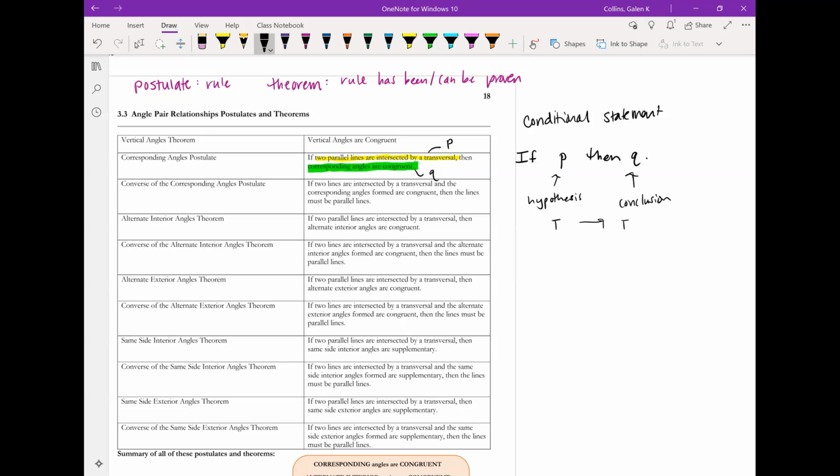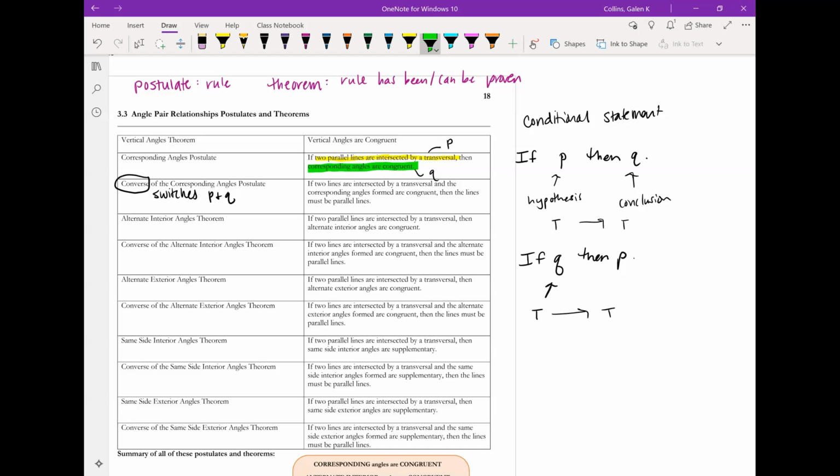So when we see this word, the converse switches the P and the Q. So for the converse, it's going to be written if Q, then P, meaning that Q is the thing we know is true. So if Q is true, that implies that P must also be true. So it just switches the hypothesis and the conclusion.